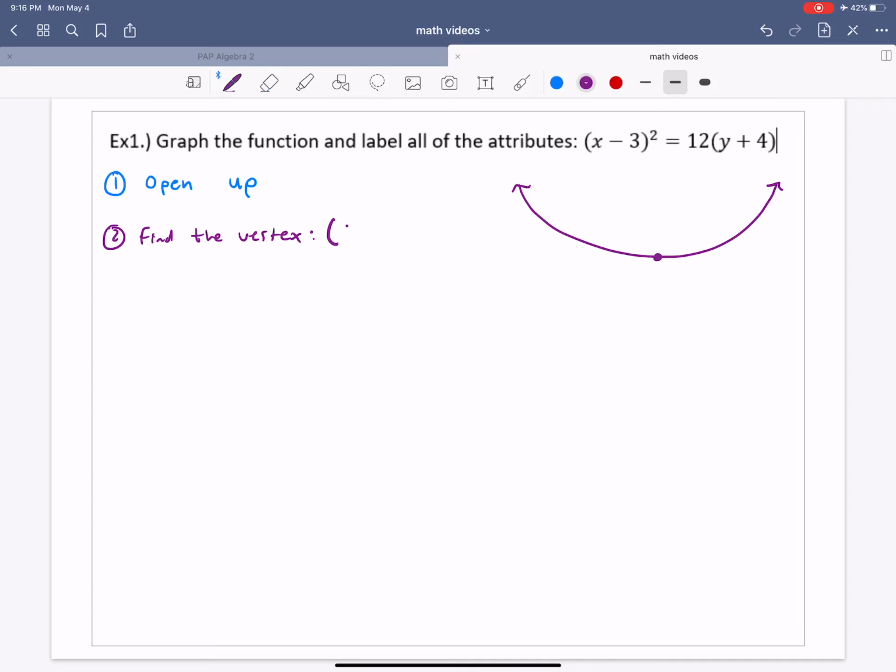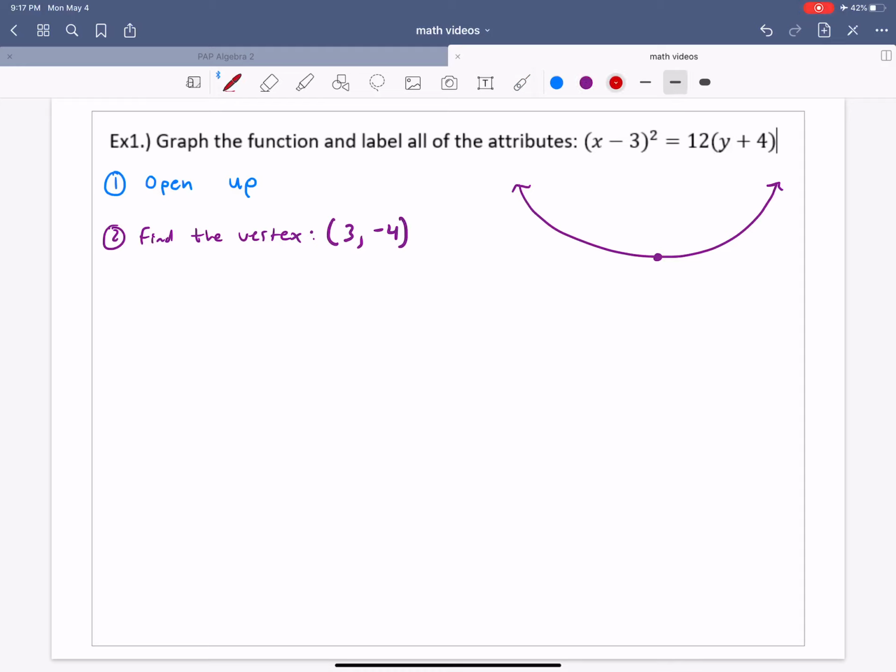Our h value is always with x. Our k value is always with y. But Cozad, you just messed up. Shouldn't it be -3, +4? We go back and look at the formula again. It's x minus h and y minus k. So you have to flip the signs. So the vertex is actually at 3, -4.